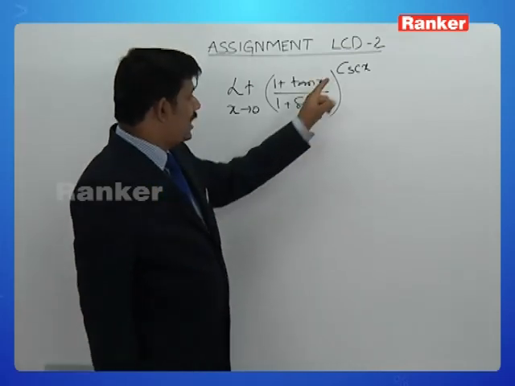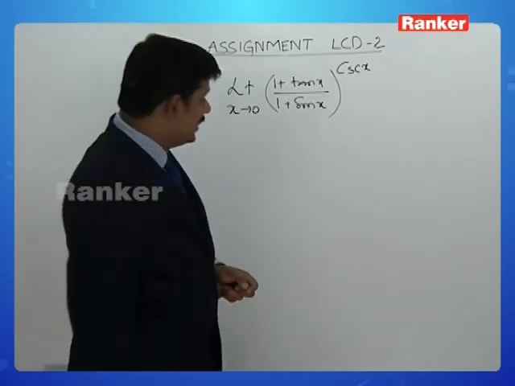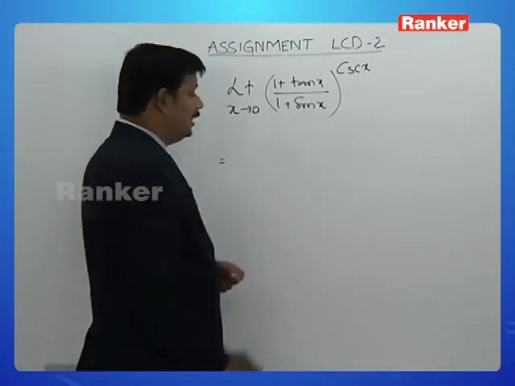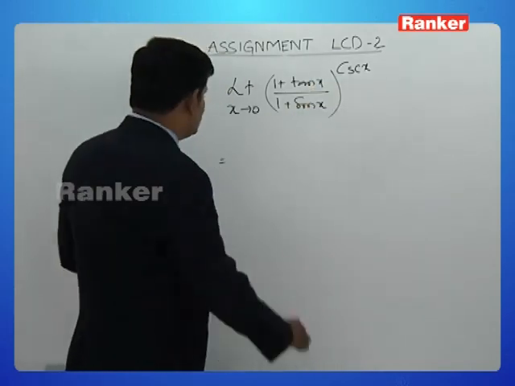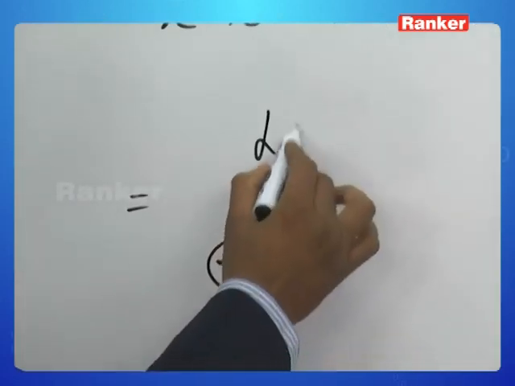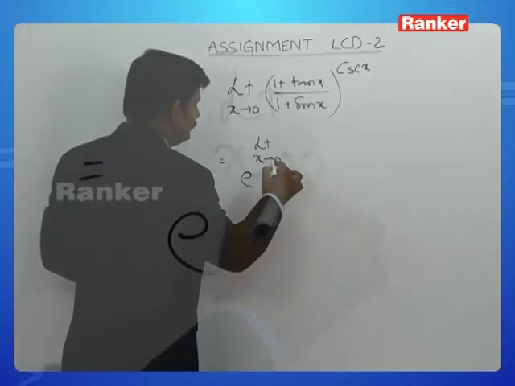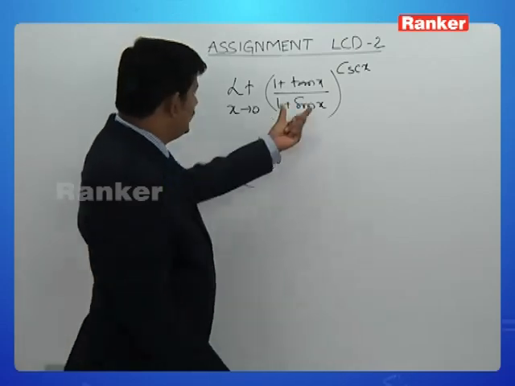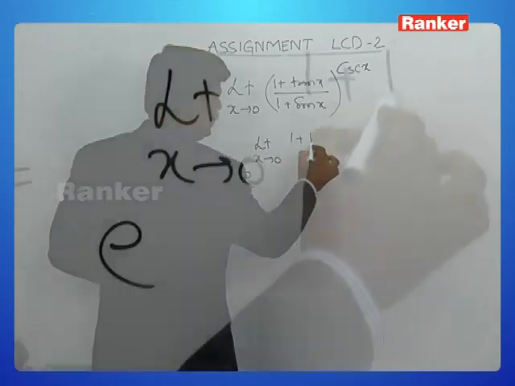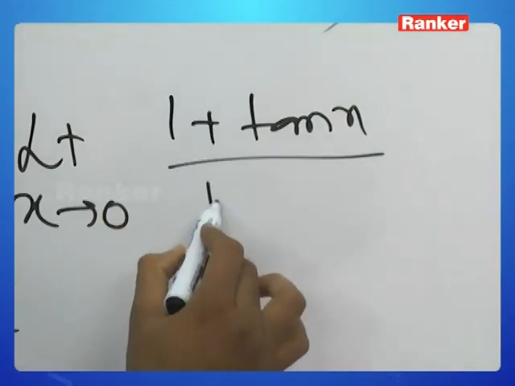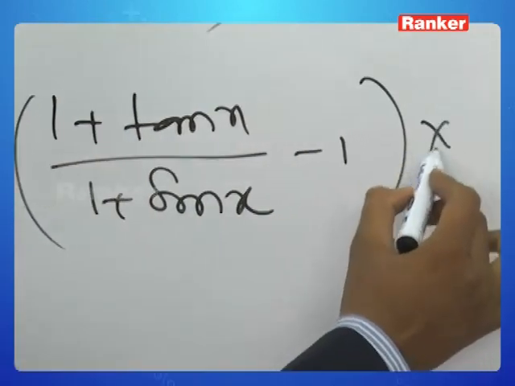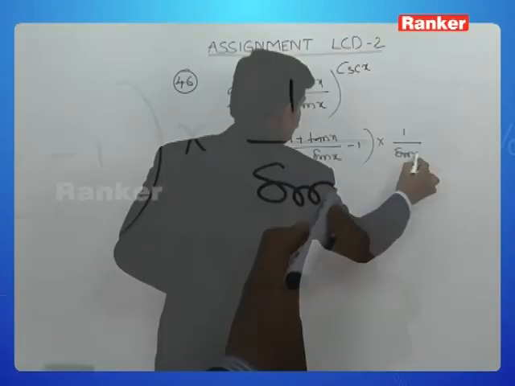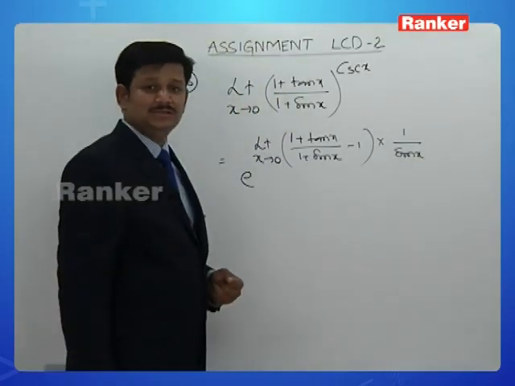So, this is 1 power infinity form. And in every 1 power infinity form, we write limit x tending to a f of x power g of x as e power limit x tending to a, it is 0 in this case, f of x minus 1, that is 1 plus tan x by 1 plus sin x minus 1, into g of x, which is into cosecant x or 1 by sin x.